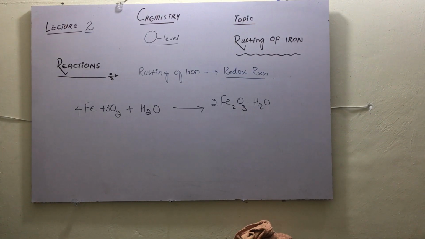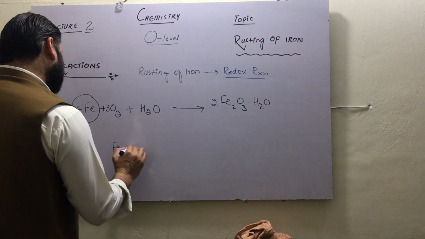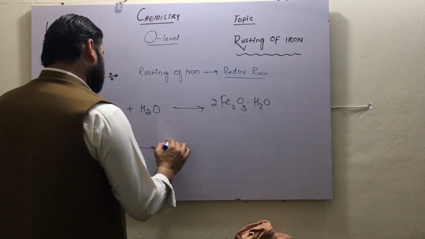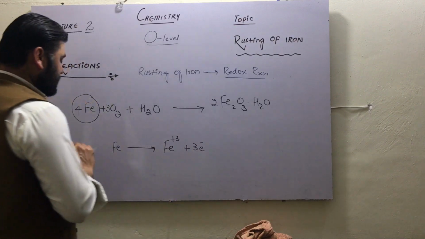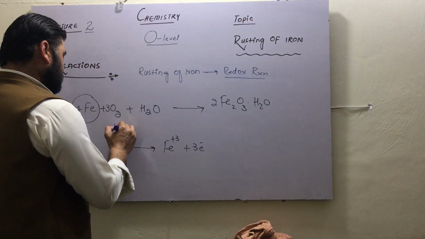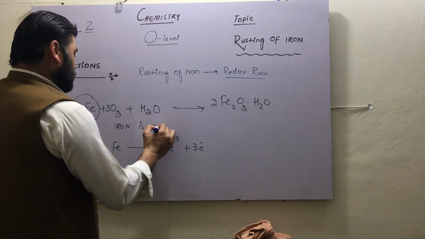Now see, this is iron, it loses electrons, Fe to Fe3+.